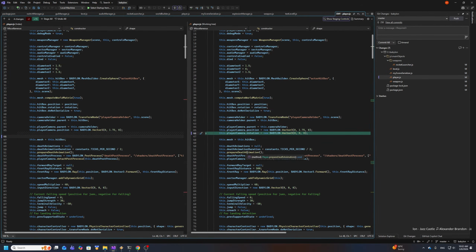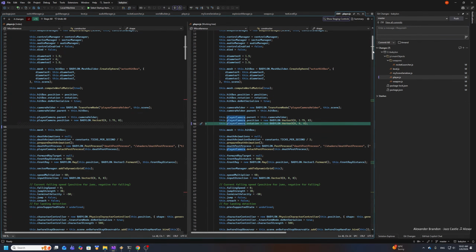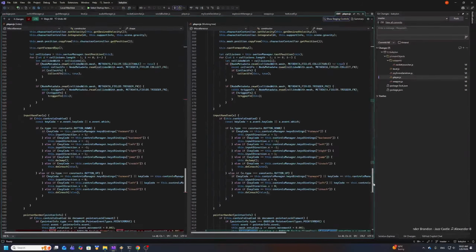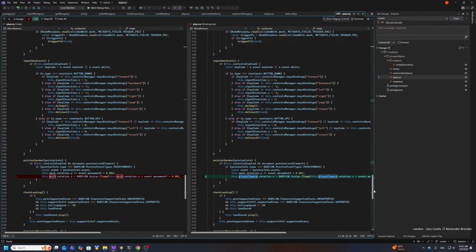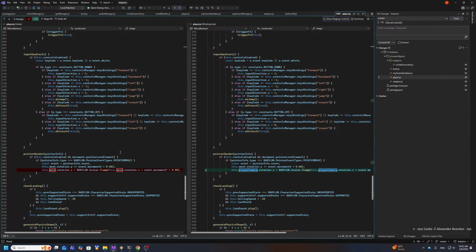So what's the idea was, well, first I initialized camera rotation, and I'm doing something interesting here. When I drag my mouse, I rotate the mesh around the y-axis, but around the x-axis I rotate only the camera.